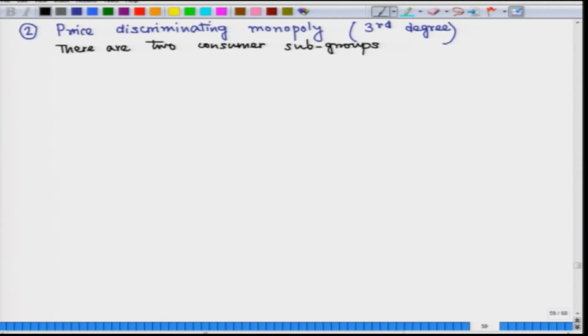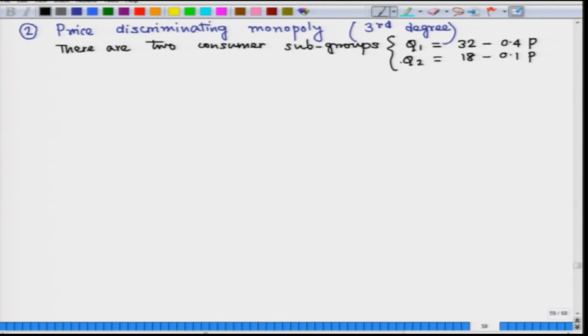So, for these two different subgroups we will have two different demand functions, and they are given as q1 equals 32 minus 0.4 p and q2 equals 18 minus 0.1 times price.